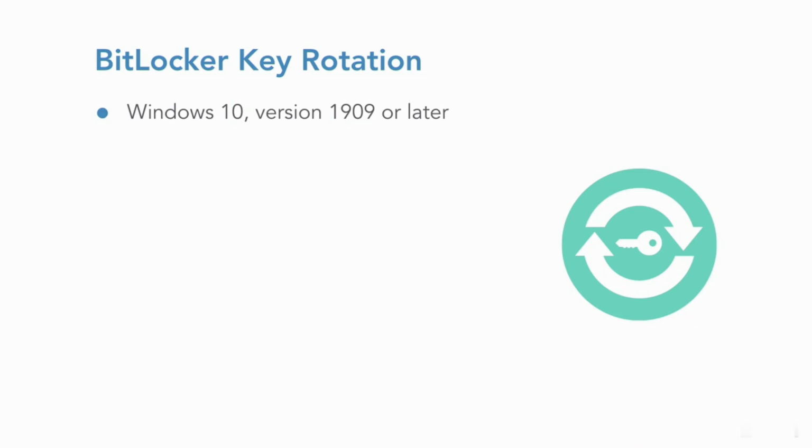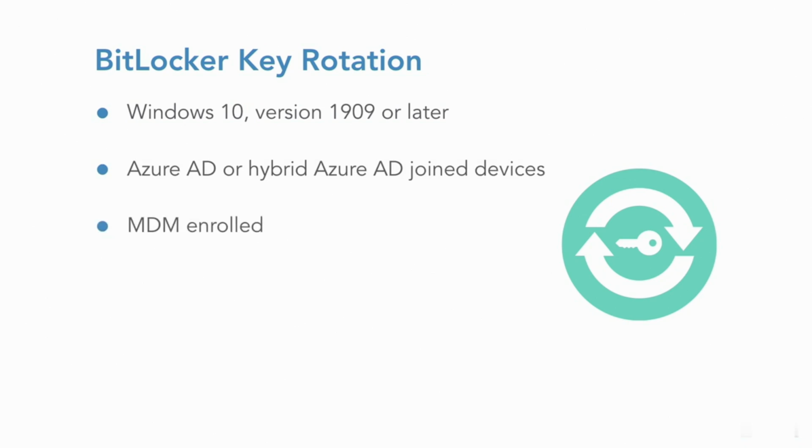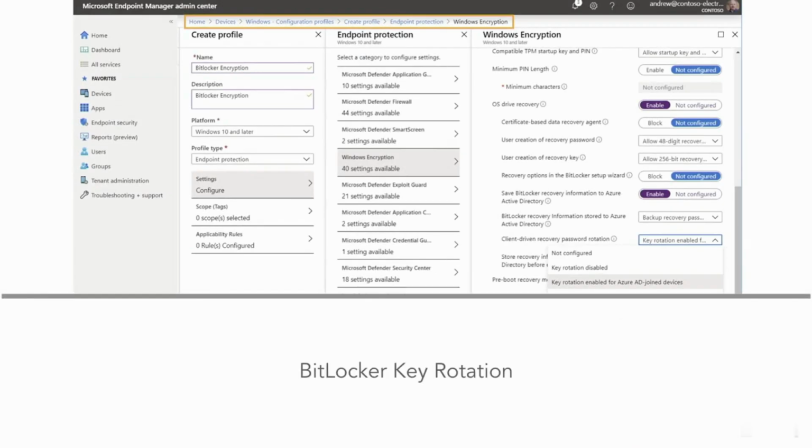The device needs to be Azure AD or hybrid Azure AD joined, and it must be enrolled into a management solution such as Intune. If you have the prerequisites in place, you can enable this feature using an endpoint protection configuration profile in Intune. You then deploy the profile by assigning it to a security group containing your devices.